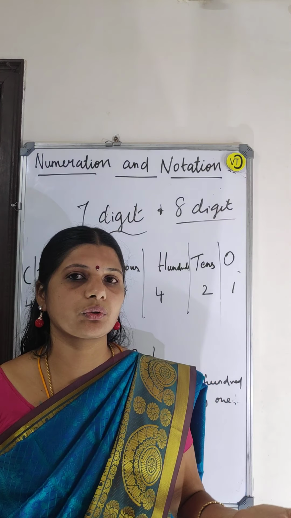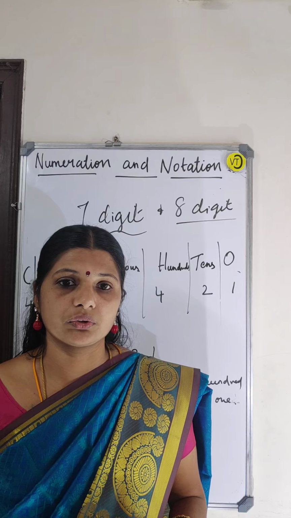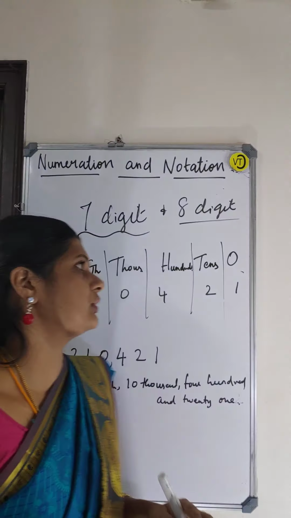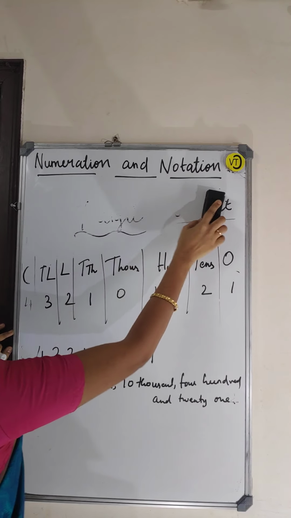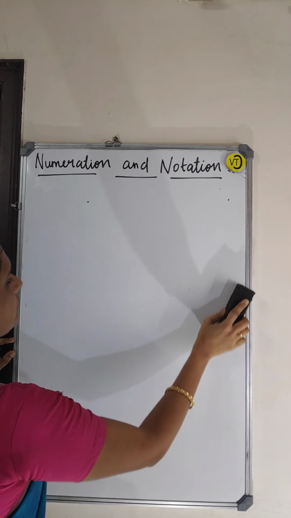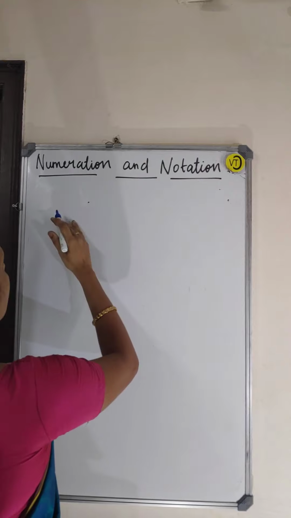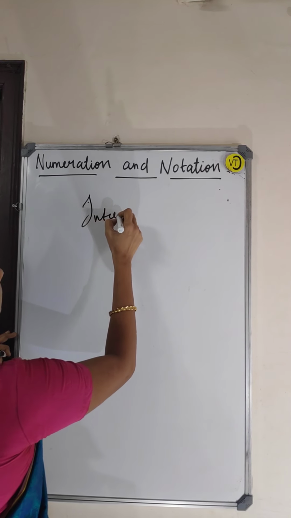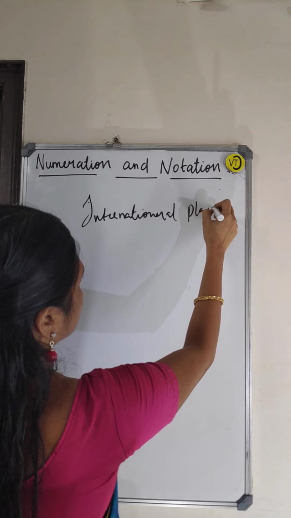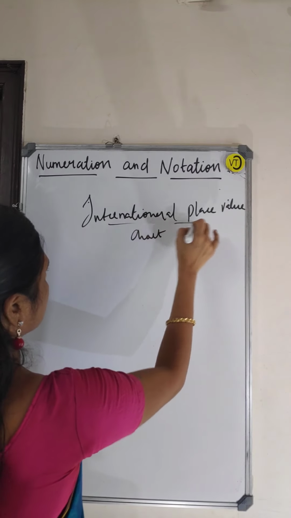If you say lakhs, crores, they will find it weird and not know what it means. So the international system is different, and that also you have to learn. Indian place value system is done. Now international place values.